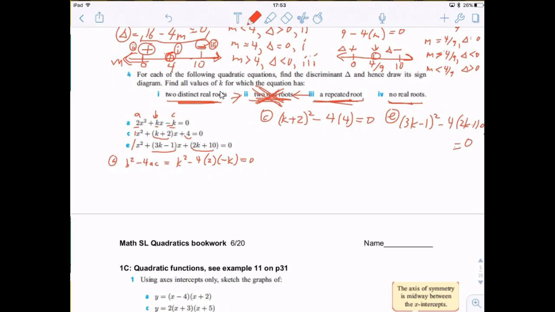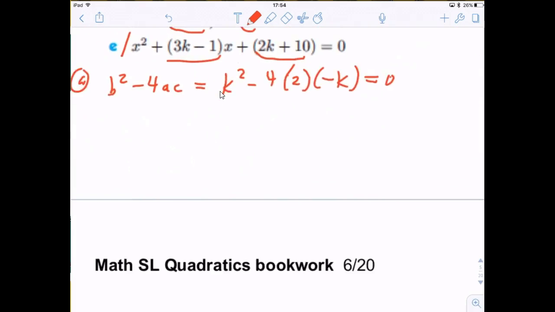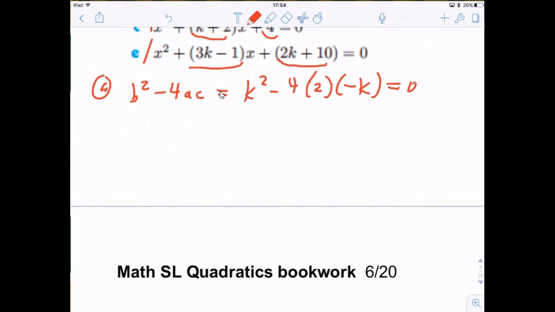Okay, now's the part where if you're pretty good or fast at algebra, now you can continue watching, and I hopefully won't lose you. Okay, so A. So in this case, we want to know when this is going to be equal to 0. So we're going to simplify: k squared plus 8k equals 0. So this is a little bit more complicated than before, right?